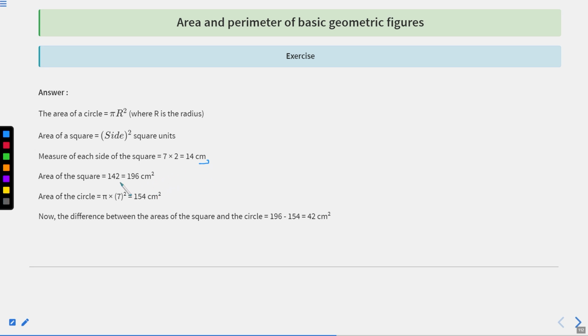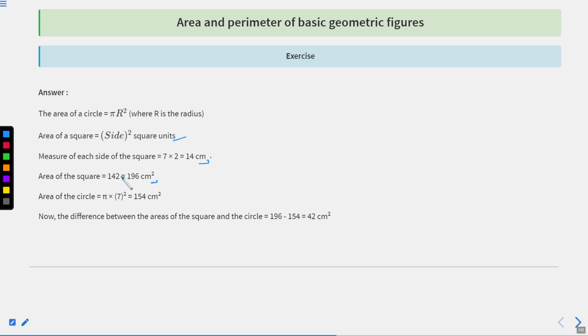So the area of the square will be 14 squared. We simply put the length of side, 14 centimeter, in the formula of area of a square. So that is 196 centimeter square.